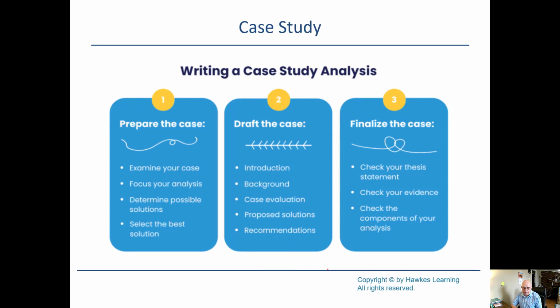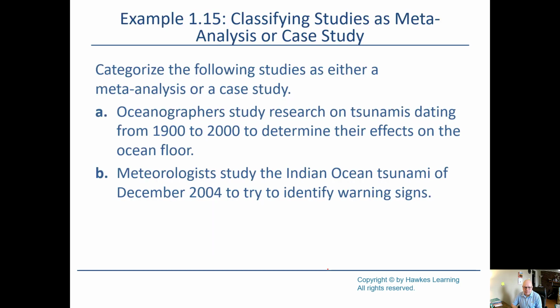Case study. You're going to follow them. You're going to do one study. It's a case study. Which one is which? The case study is one. The meta-analysis means you've got a bunch of case studies put together to make one big study.